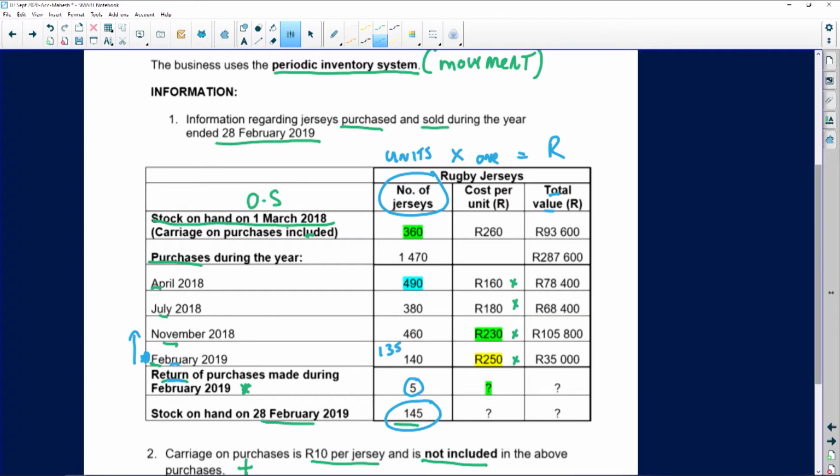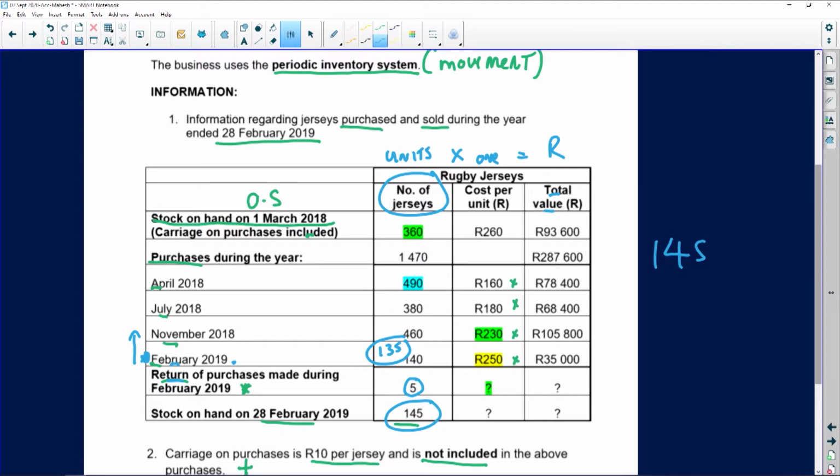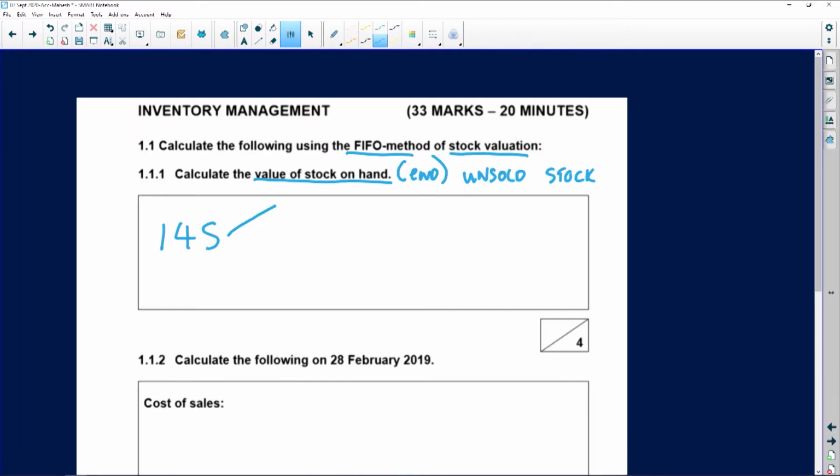So in the month of February, we've got 135 jerseys. Now remember, in total, we've got 145 on hand. From that 145, 135 is coming from Feb. Okay, so let's fill that in. 135 is coming from February, and now we're going to add on an actual cost value to that.